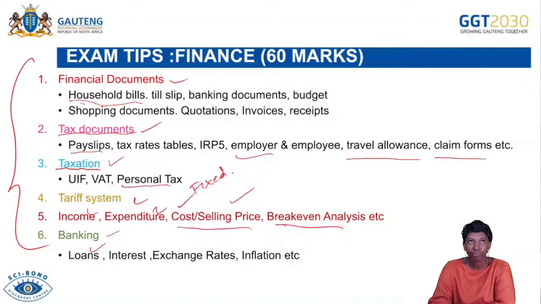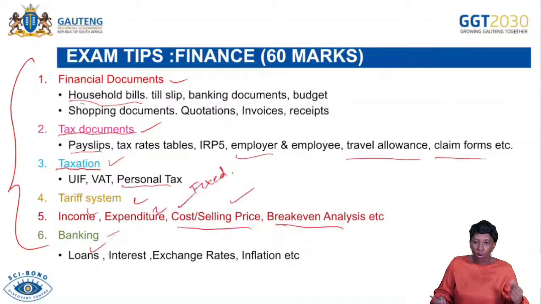For example, right now I think the rand against the dollar, we are paying something like 18 rand to 19 rand against $1. So meaning, if I go overseas, this item costs $1, but in South Africa we are using the rand.